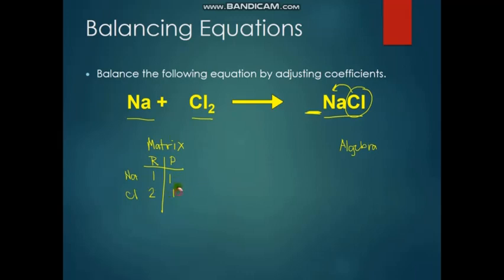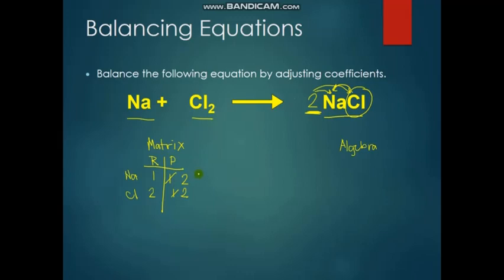Okay, you're right. So we are going to multiply 2 to sodium chloride. So this will be 2. Since chlorine is with sodium, sodium will also be multiplied by 2. So this will become 2.